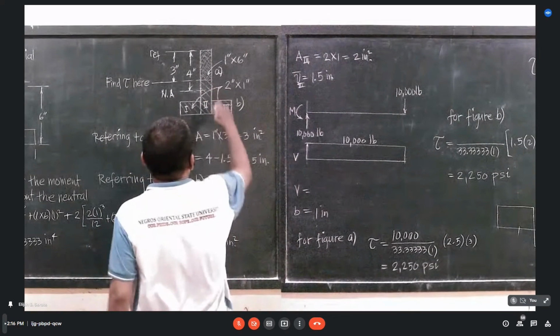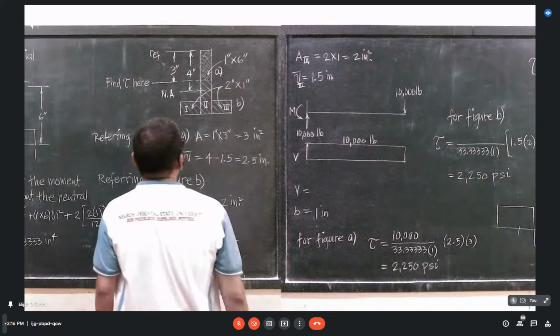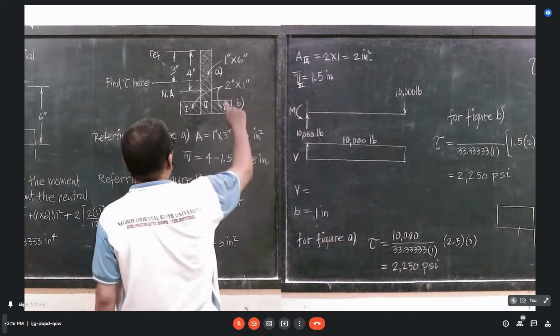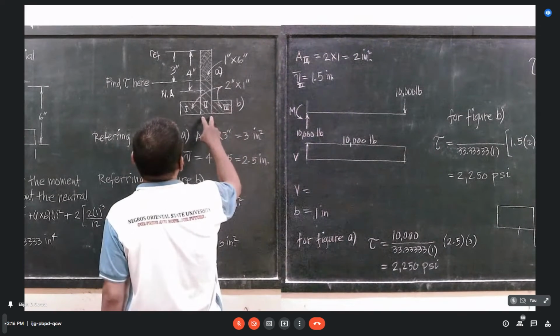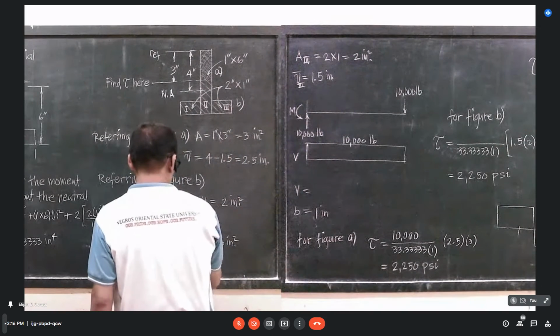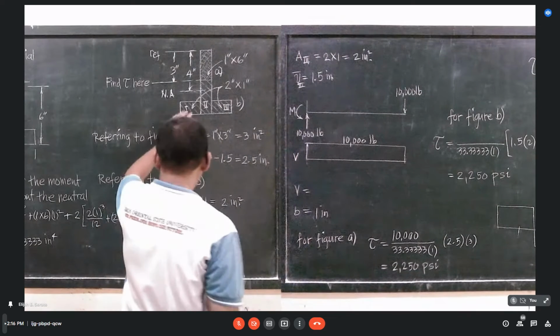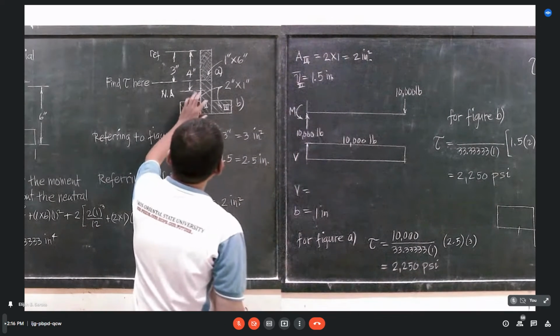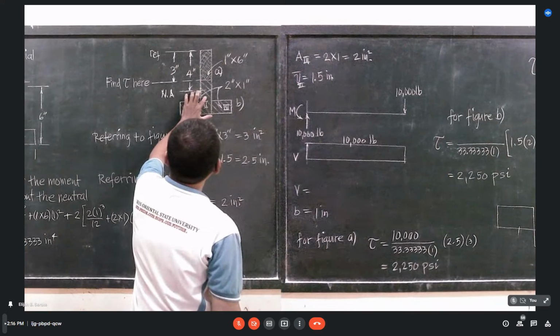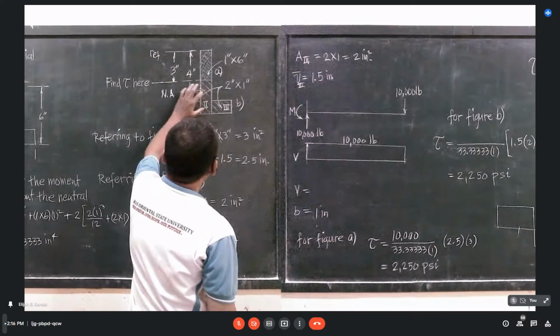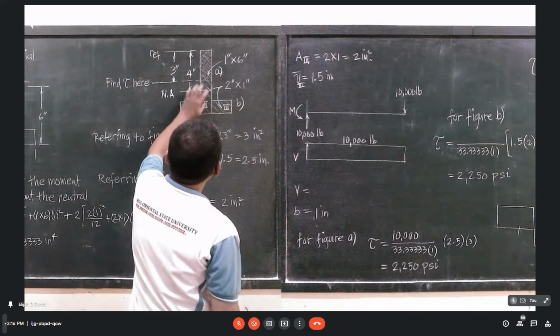lower rectangle. Pila ang iyang area? It is 1 by 3. Pila iyang V bar. So again, centroid of this to the neutral axis. Centroid 0.5. of this is 3.